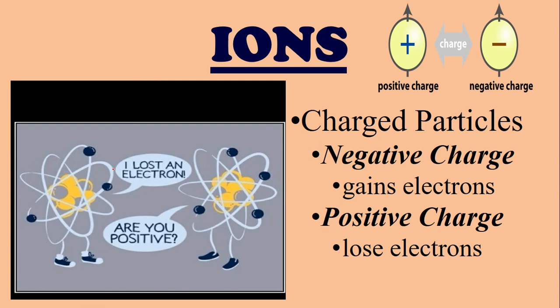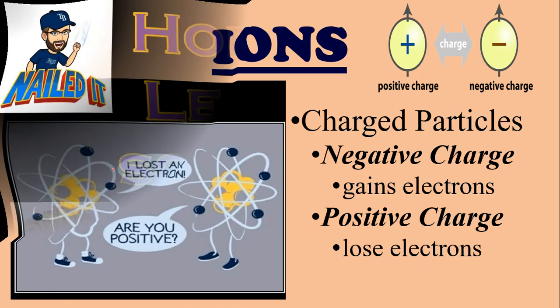You can't lose protons, because if you lose a proton, you change the element. So if you had 5 protons and then lost 4 protons, you've changed the element. But we can gain and lose electrons and still have the same element. We just have to give that atom a positive or negative charge.